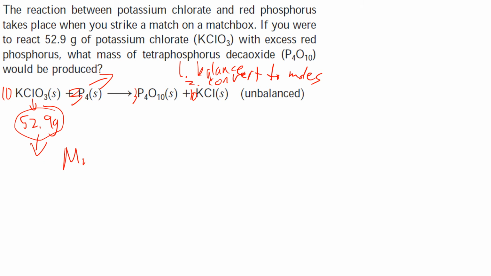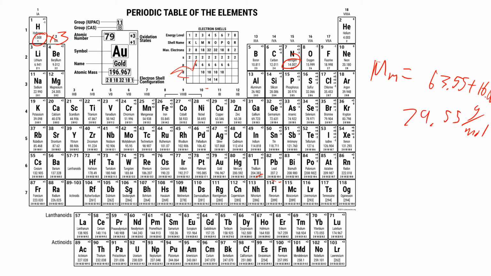What's the molar mass of potassium chlorate? Let's figure it out. Potassium is how much? Potassium is 39.1. Chlorine is 35.45.